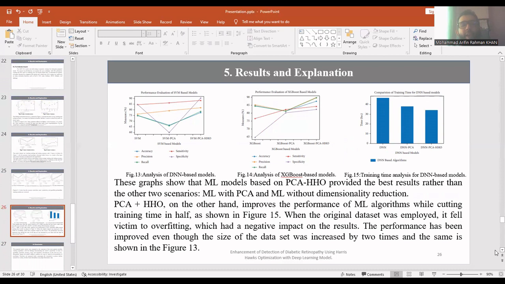PCA with HHO, on the other hand, improves the performance of ML algorithms while cutting training time in half, as shown in figure 15. When the original dataset was employed, it fell victim to overfitting, which had a negative impact on the results. The performance has been improved even though the size of the dataset was increased by 2 times, and the same is shown in figure 13.